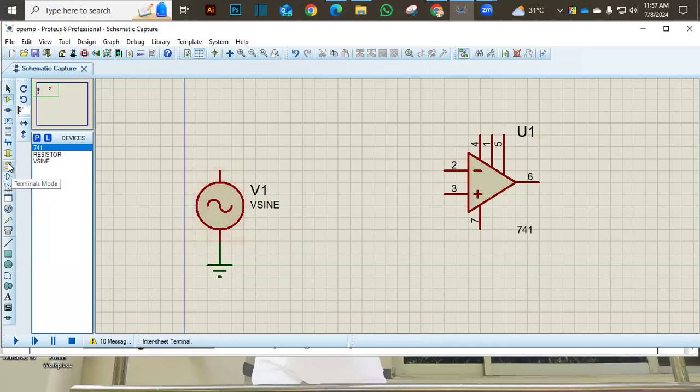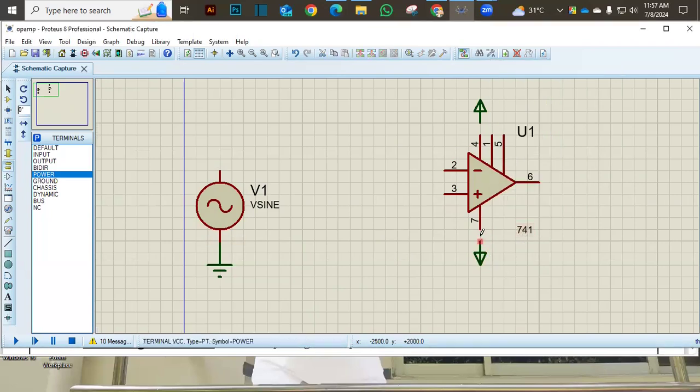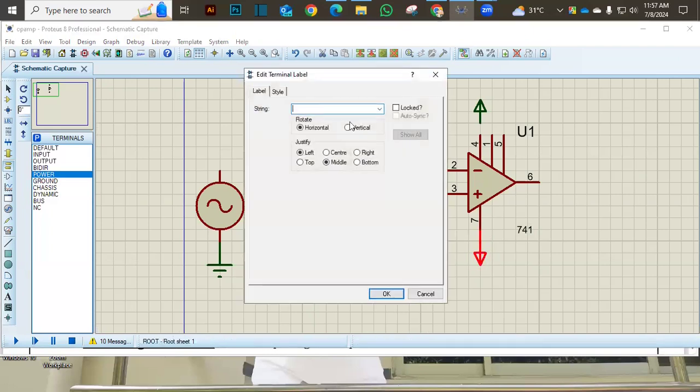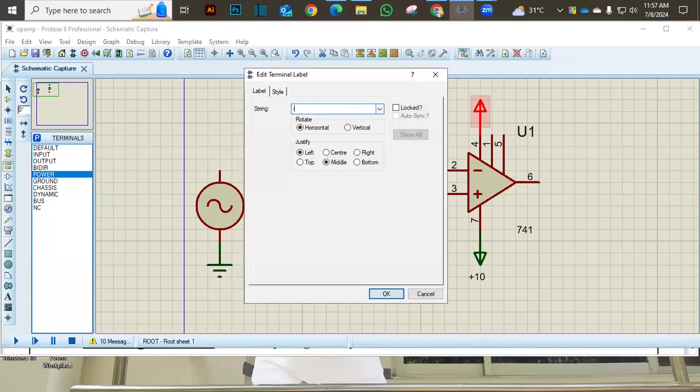Now we need some power input, which is connected at terminal 4 and terminal 7. We see that our terminal 7 is the positive threshold voltage, and we set it to positive 10. And our terminal 4 is the negative threshold voltage, and we select it as minus 10.